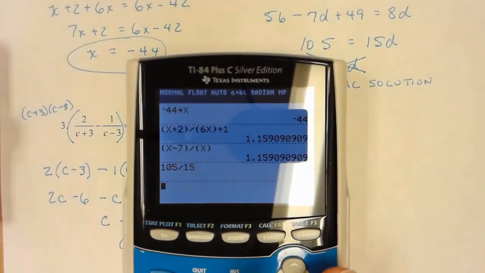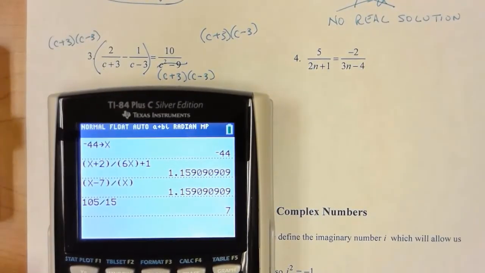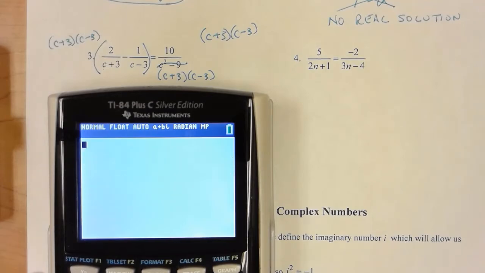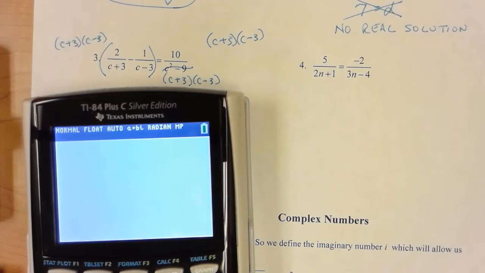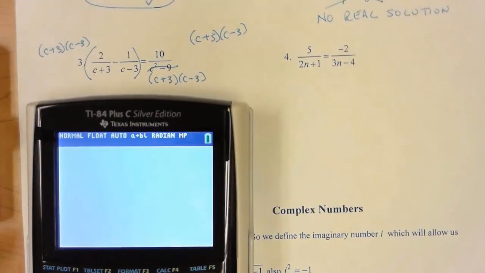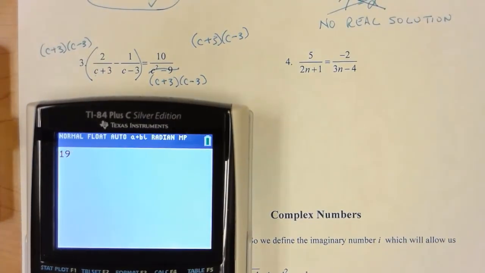Let's see. Again, running out of space. I'll clear that off. C equals 19. So 19, store in. I'm going to do alpha, and c is right here. You can still use x, but I just wanted to be different.